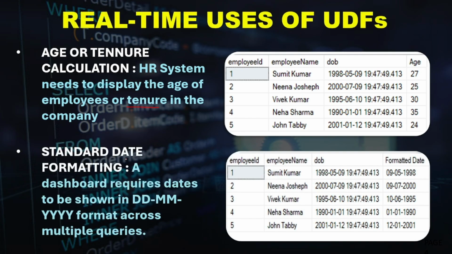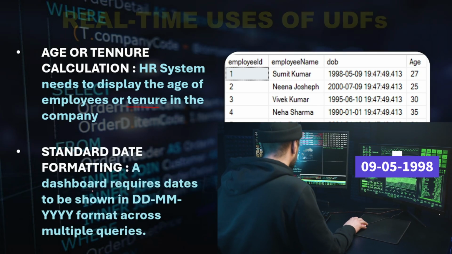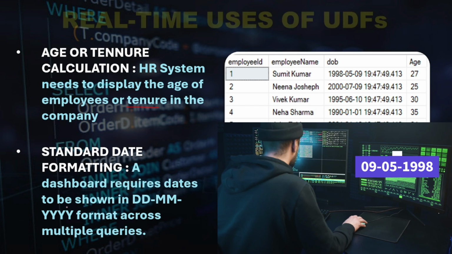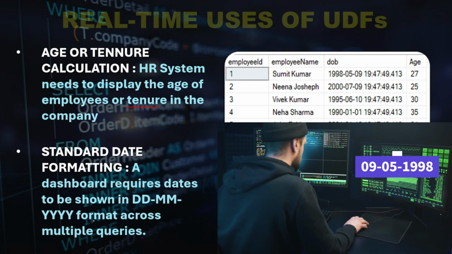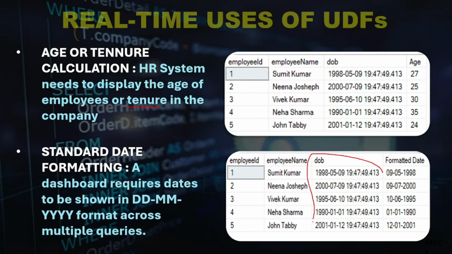The second case is standard date formatting. An organization has a dashboard, and that dashboard requires dates to be shown in DD, MM, YY format. Usually dates are stored in default format. Let's see that date of birth here has been stored in default format, where it is YY, then MM, then DD, and then hour, minute, seconds, milliseconds, like that.